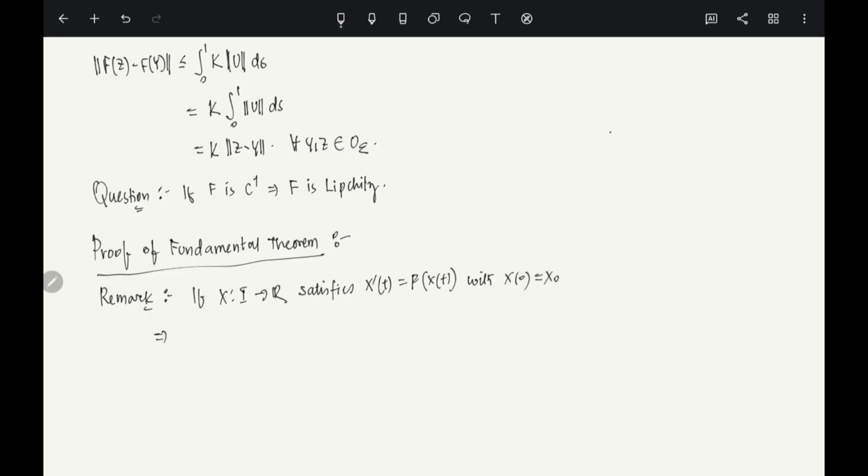That will imply that x of t minus x0 equals the integral from 0 to t of f of x of s ds, right? So this is integrating both sides.